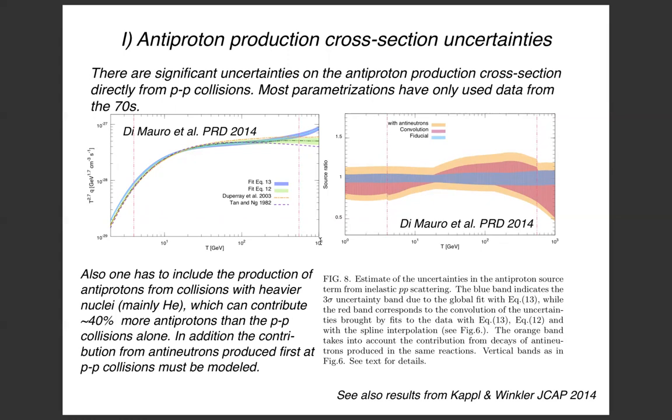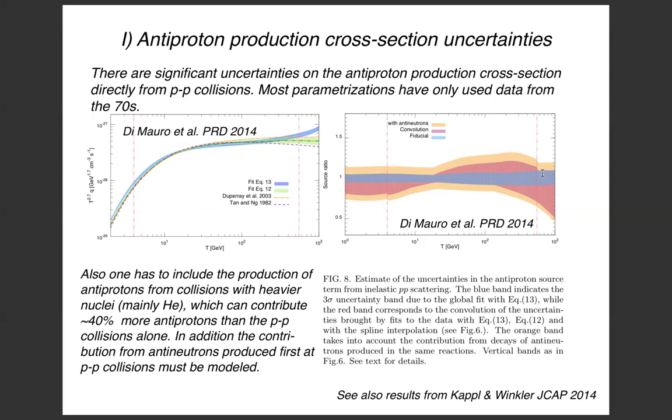On this plot, the x-axis is the kinetic energy of the cosmic ray proton, and the y-axis is the level of uncertainty from a given parameterization of the cross-section. The cross-section uncertainties on the proton-proton collisions giving directly antiprotons are at the level of several tenths of percent at low energies, meaning GeV in kinetic energy, and even up to 50% at the TeV scale.